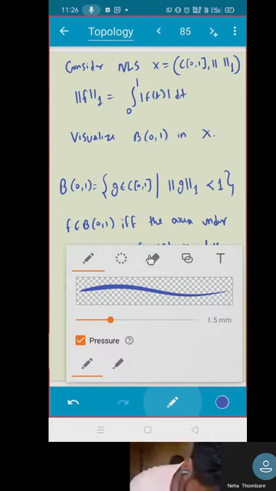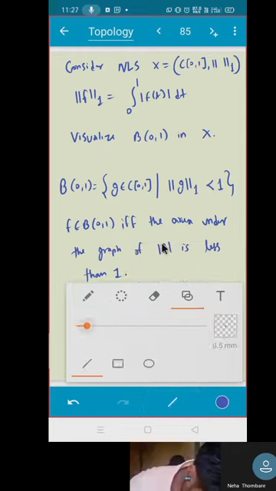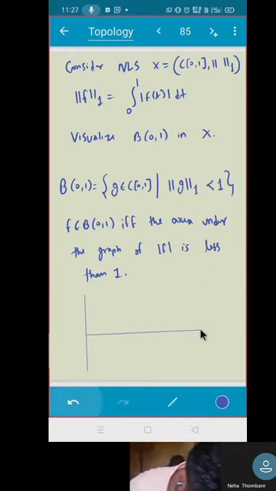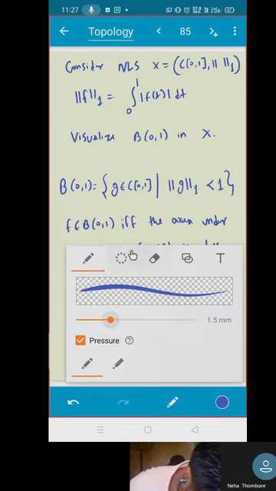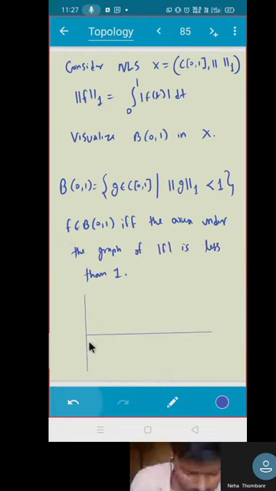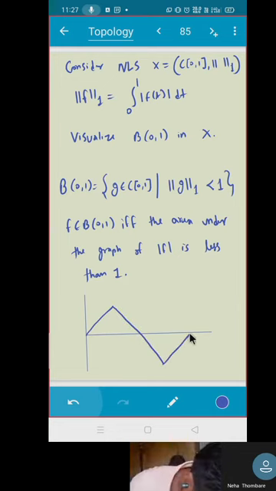Let us see some example. What is the graph you need to see? What is the main focus? Suppose I have a graph which goes from here to here and then here to here, and it comes here and then here.